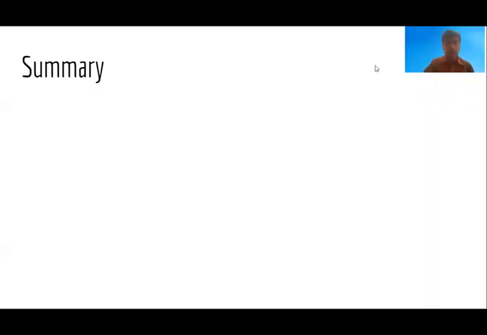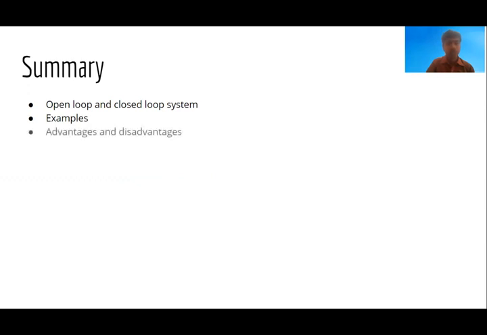Before ending the session, let me recall what we have learned in this video. We have learned the classification of control systems, that is open loop and closed loop systems, with examples for both. And also we have learned the advantages and disadvantages of open loop and closed loop systems.